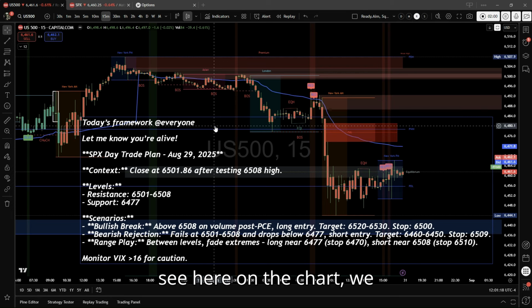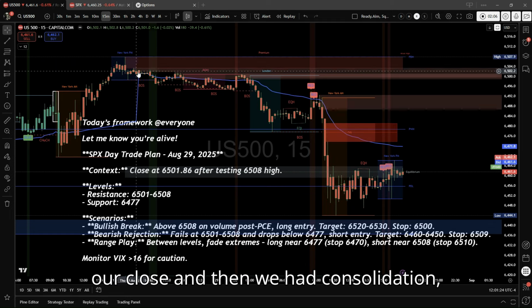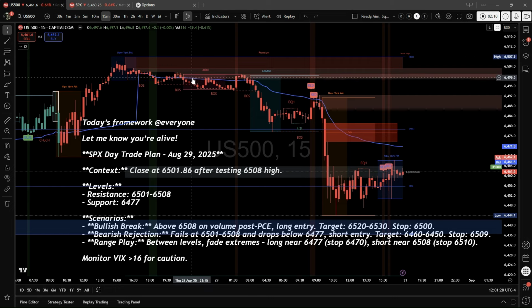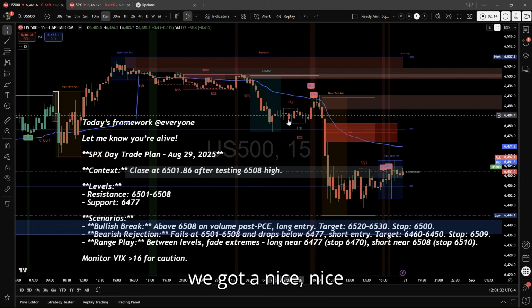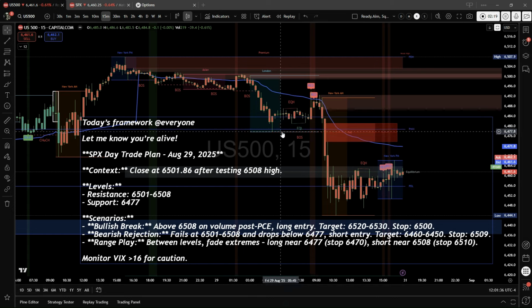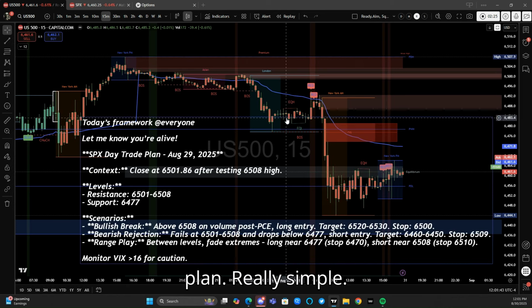As you can see here on the chart, we basically had our high, our close, and then we had consolidation in the Asian session, pretty tight, not a lot of liquidity. London session, we got a nice sell dip down to this 6477 level, and that sets up our liquidity for my plan.